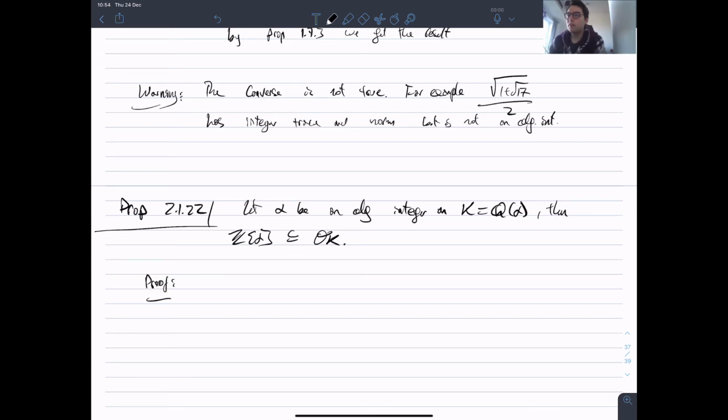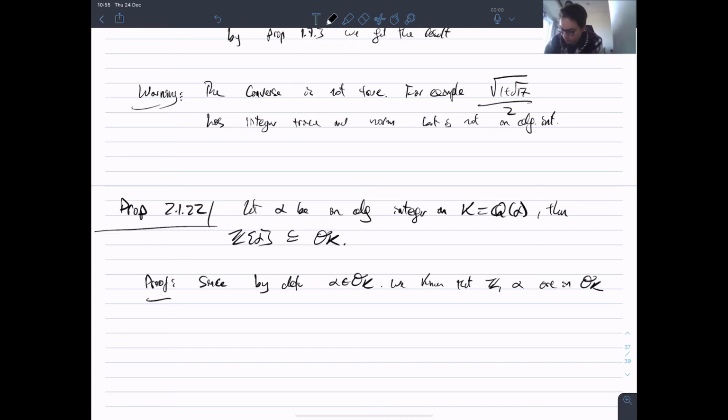Proof. By definition alpha is in O_K, it's an algebraic integer, and it's clearly contained in K, because K is my field. Since by definition alpha is in O_K, then we know that Z and alpha are in O_K. So this is a ring.